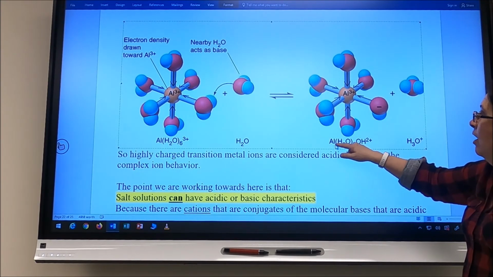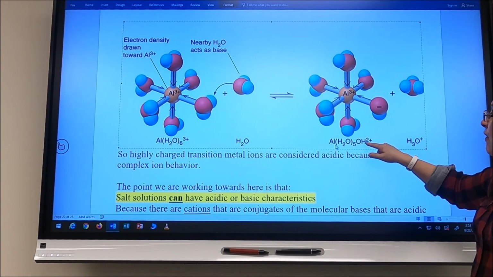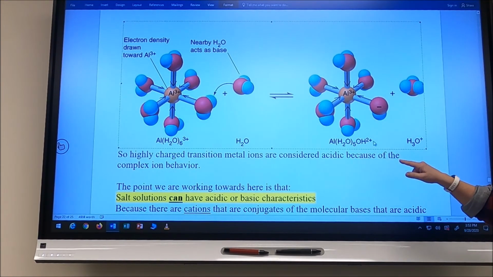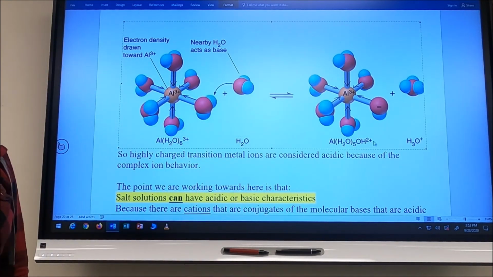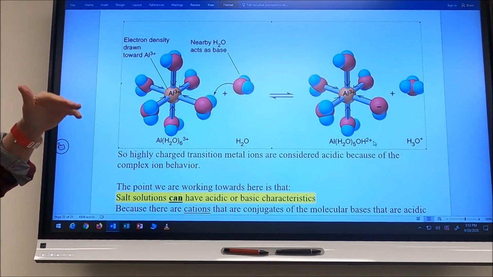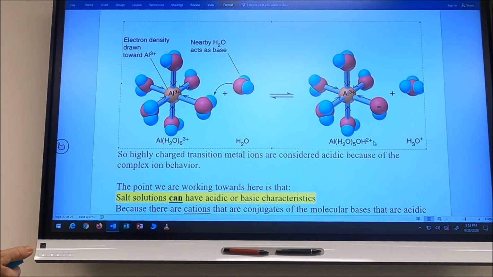So I get aluminum H2O5 OH 2+. But this complex acts as a weak acid. So transition metals, especially those on row 4, and things like aluminum, have an acidic characteristic because of their complex ion behavior.